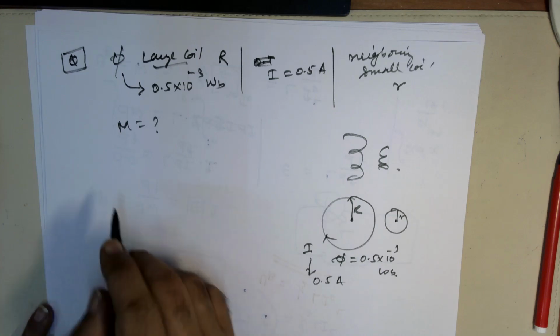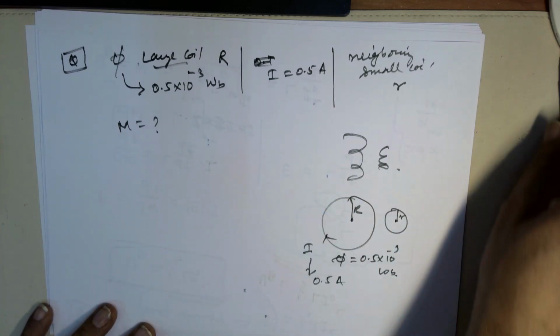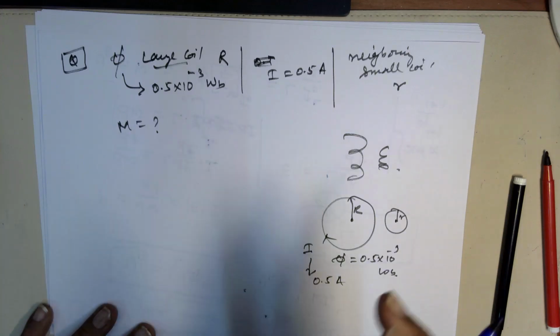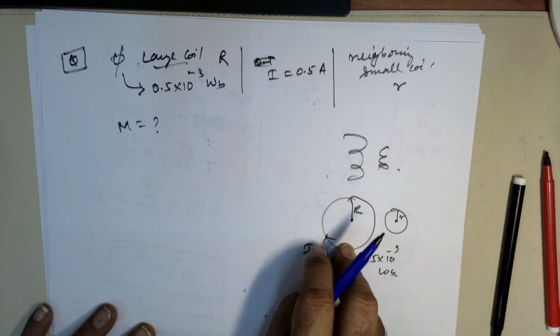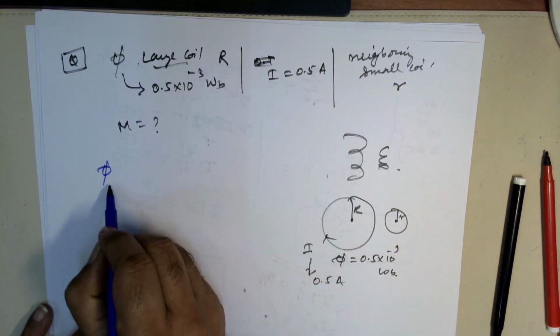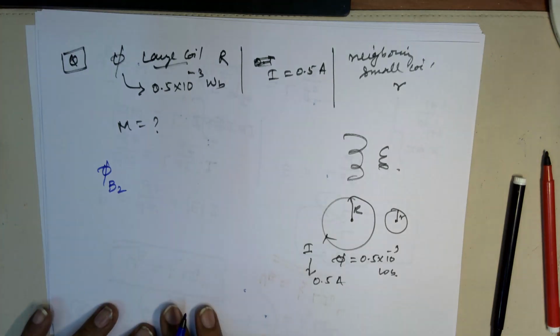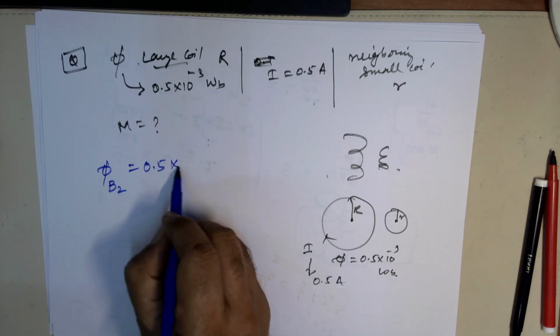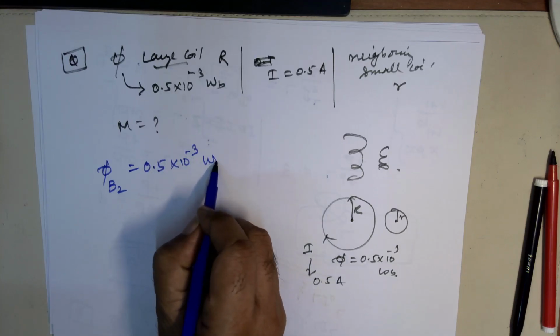Now, in fact, here we are checking the magnetic flux created in the second coil. That is phi B2, the magnetic flux in the second coil, which is given as 0.5 into 10 power minus 3 Weber.